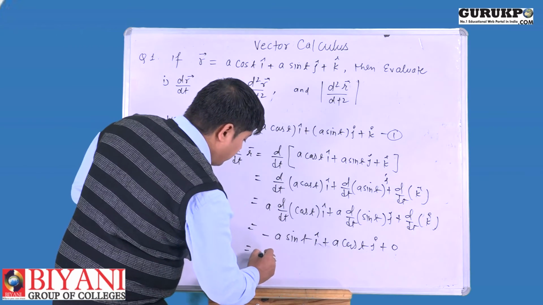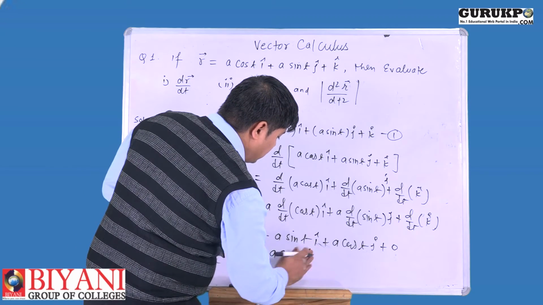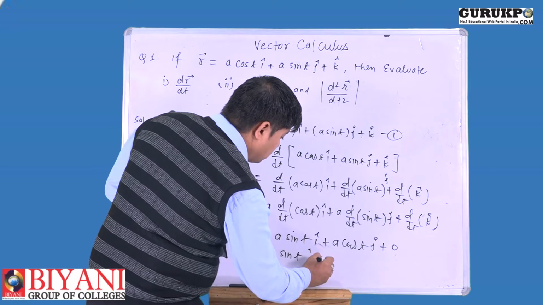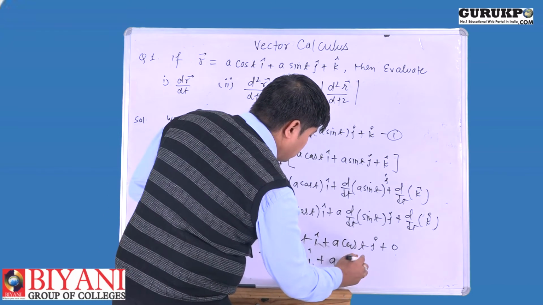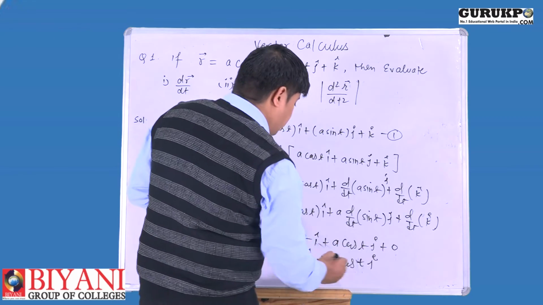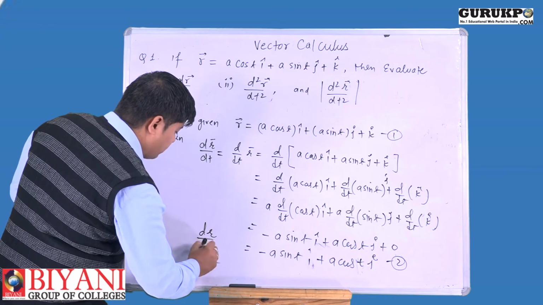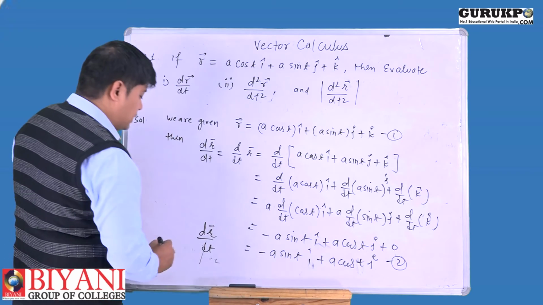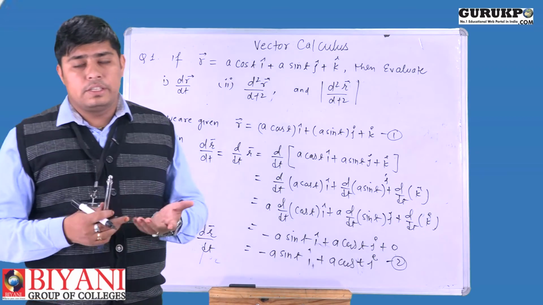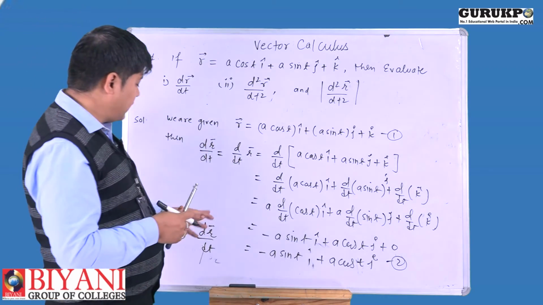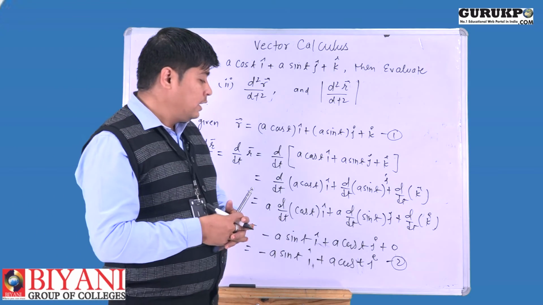So we have minus a sin t i cap plus a cos t j cap. This is relation number 2. So it is the first derivative of the vector function r with respect to t, the same as we discussed in calculus. So we find that dr by dt is minus a sin t i cap plus a cos t j cap.